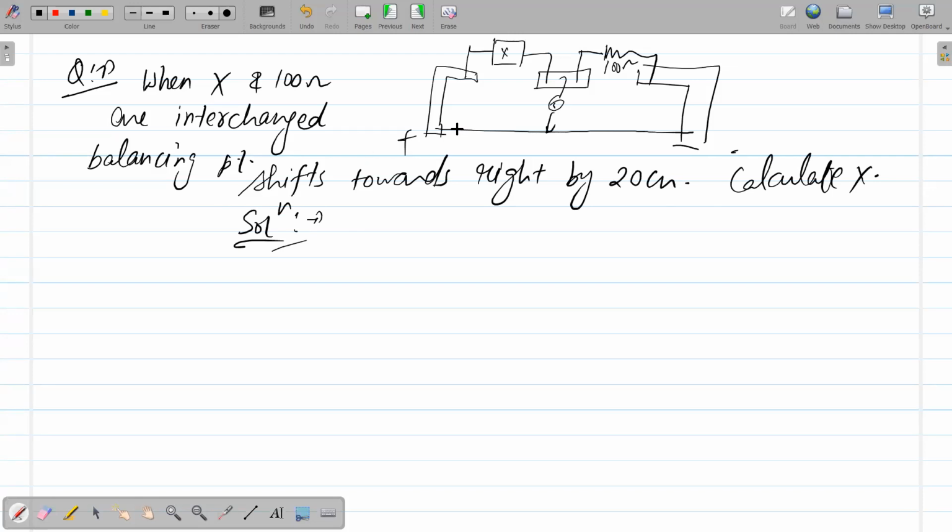Okay, students, in the case when nothing is given about the length, we are always supposed to take it as 100 centimeter. That's why it is known as a meter bridge. I have already told you.